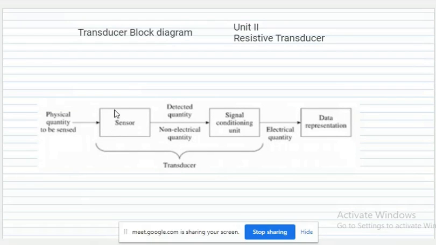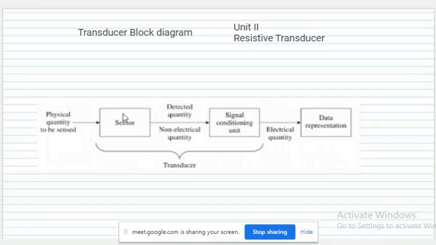Our transducer system is sensing the environment in order to sense the quantity under measurement for which it is designed. This is the important part of our transducer. There are many materials available in nature.